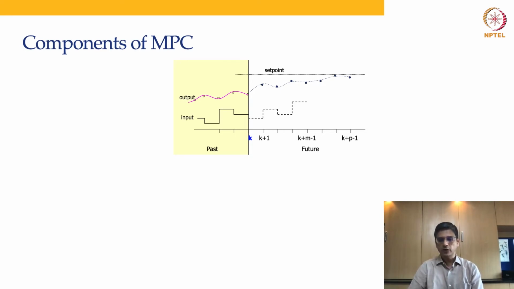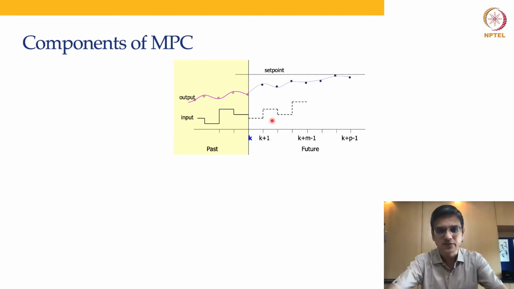What I'm showing over here is that at the current time k, the system has moved in a particular way in the recent past, and the past is covered by these output moves and these input moves in the past. We use a model to determine a bunch of input moves in the future, and we predict what the output is going to look like in the future.